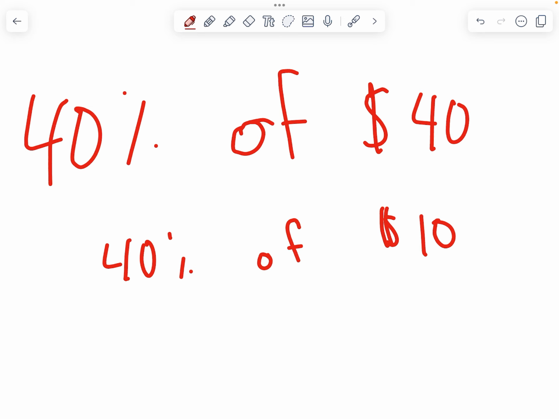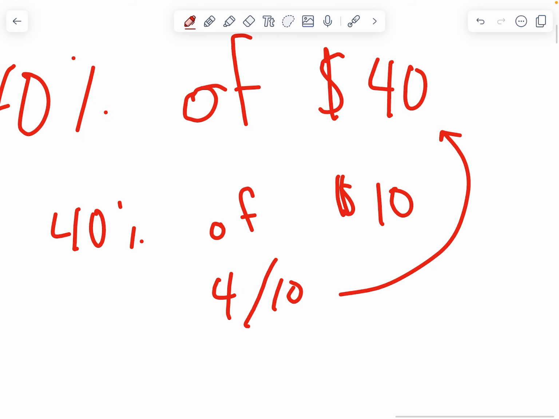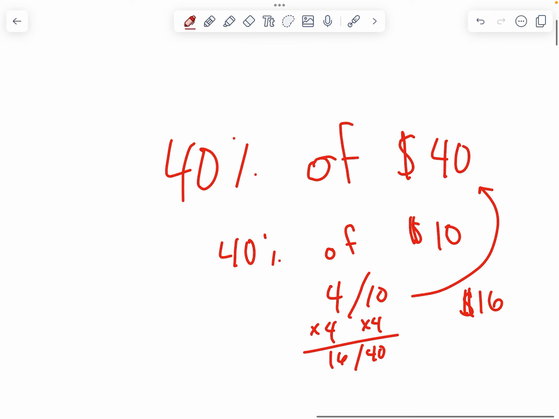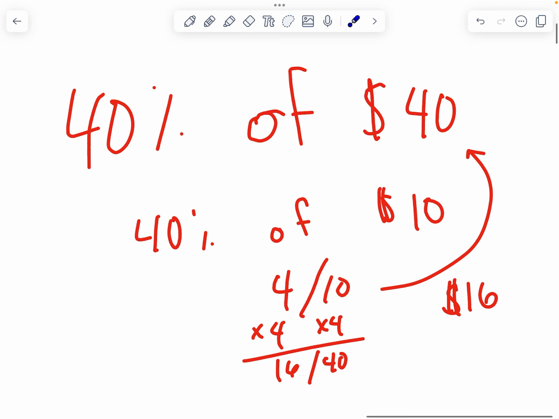Well, that would be 4, right? Because 4 out of 10 is 40%. Well, that's a multiple, so I can multiply that by 4, both sides, and that's going to get me to 40. So that gives me 16 out of 40. So that's $16. If it told me it was 40% off, I would take off $16 from my $40, which would leave me with like a $24 shirt, something along those lines.